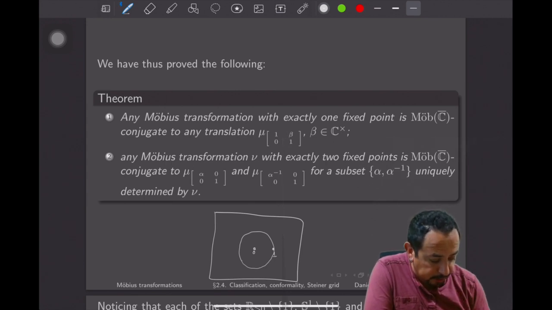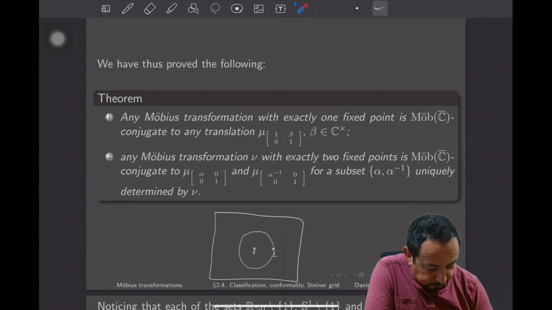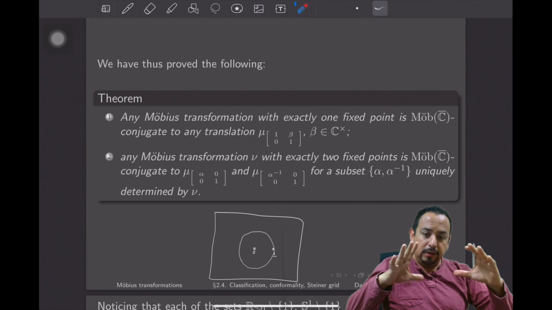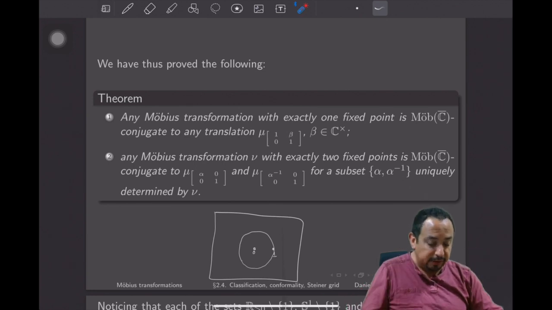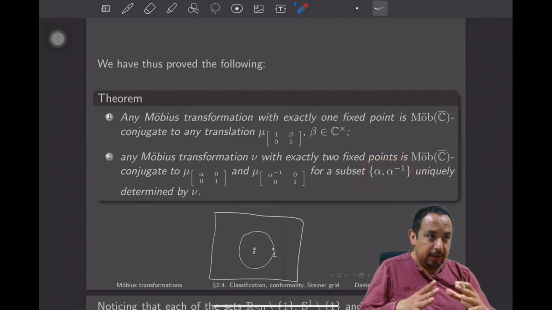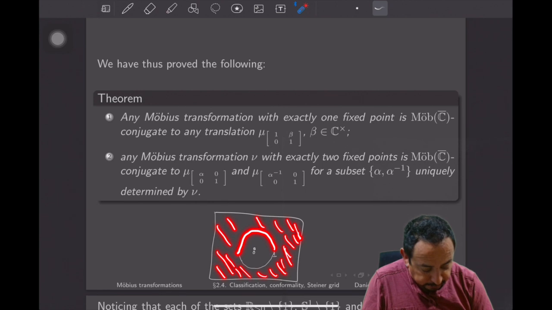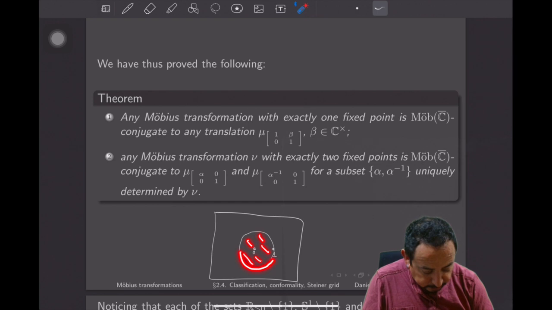Right, and somehow you see, for instance, if you say, okay, I'm going to take as representatives of these pairs only half, you can say, okay, take the alphas in half the circle, because then you know that the inverses are going to be precisely the other ones, right?